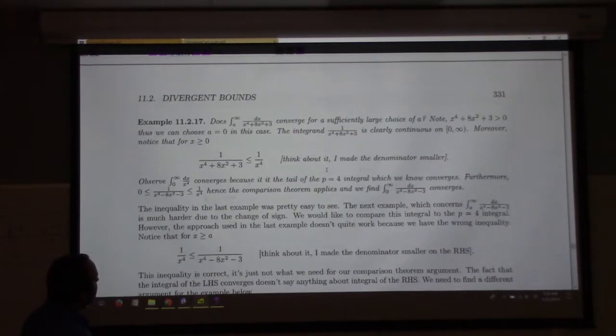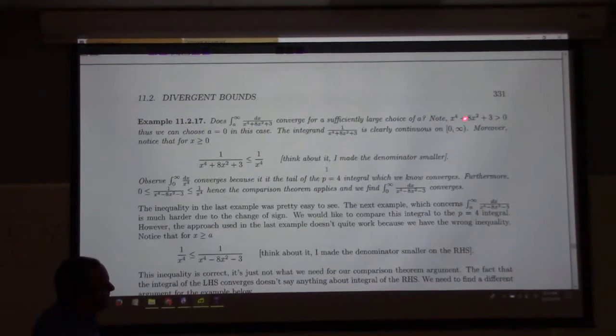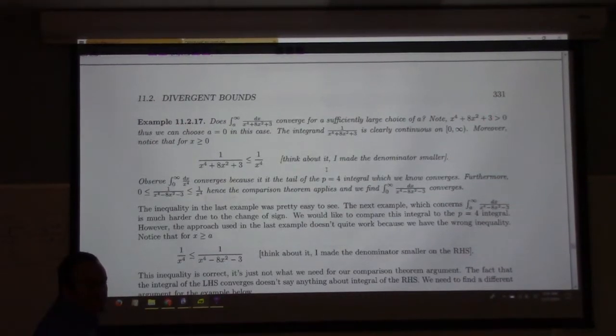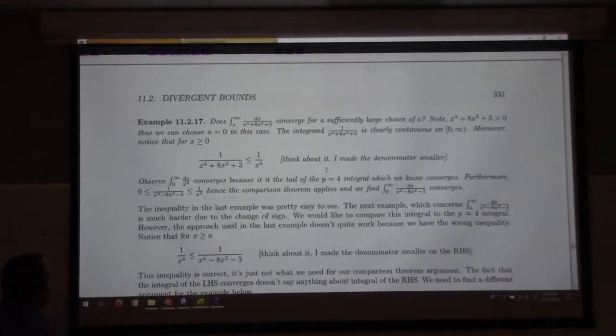Actually, in this case, since we're adding even powers together, a equals 0 would suffice, because obviously if you're adding positive x's together, there's no way you can cancel out the 3, right? But anyway, I can clearly focus my attention from 0 to infinity. I have then that this is less than that.